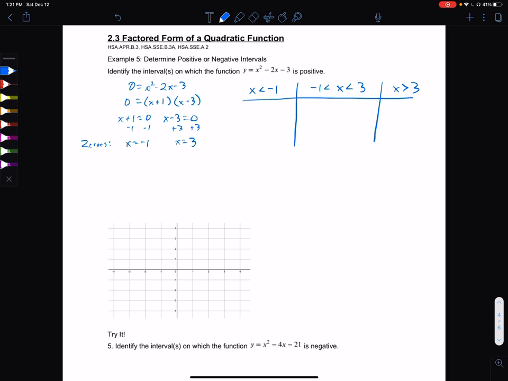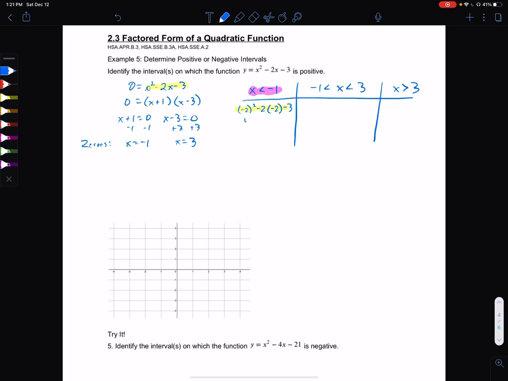Now, to determine whether they're positive or negative, it's a pretty straightforward process, although it's a little annoying to do. You're going to take your original function. It doesn't really matter which number you pick, but pick any number smaller than negative 1. I'm going to pick negative 2 and plug it into my original function.